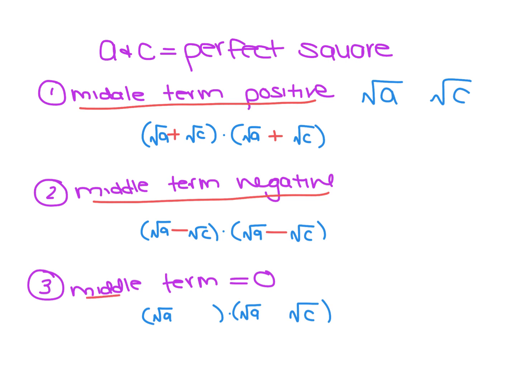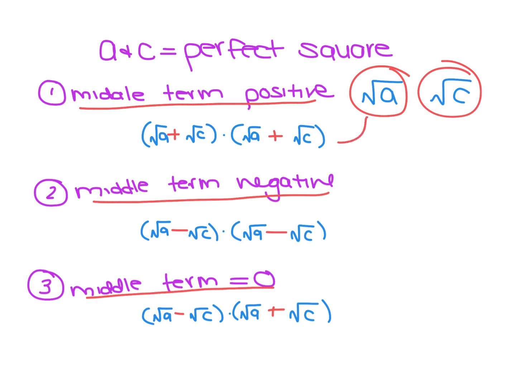And if you have a middle term that is equal to 0, you are going to have 1 of each. So that's really the only difference. If you see perfect squares for a and c, you can use this shortcut by square rooting each and putting them right into your parentheses, and then you just look at that middle term to determine: do you have 2 positive symbols, 2 negative symbols, or 1 of each?